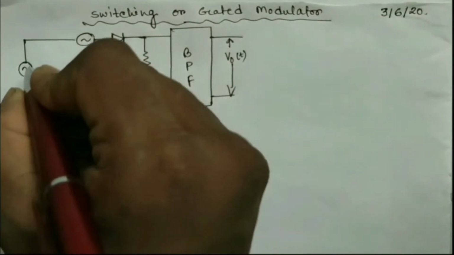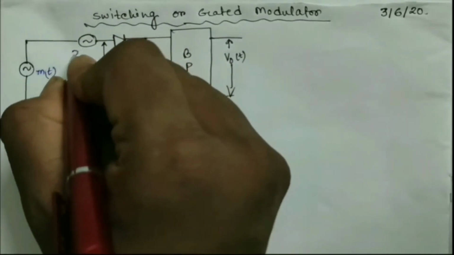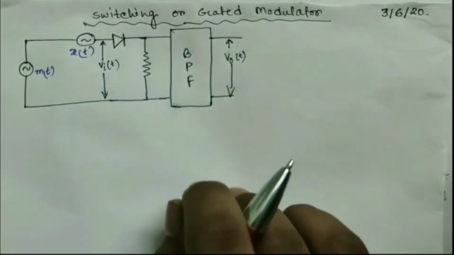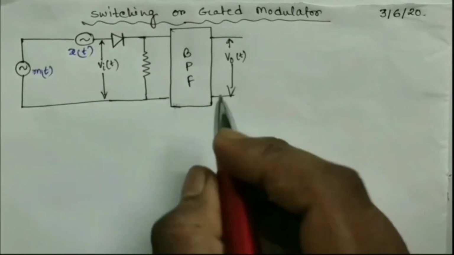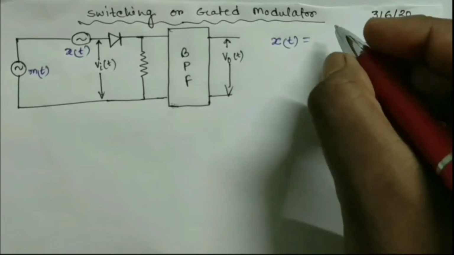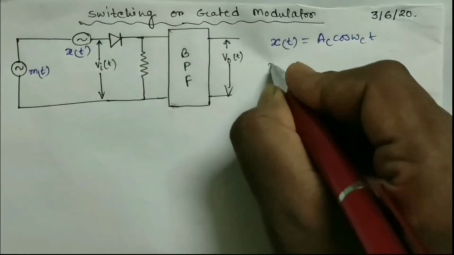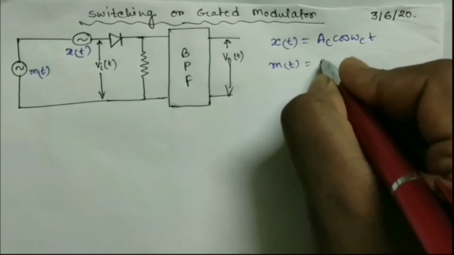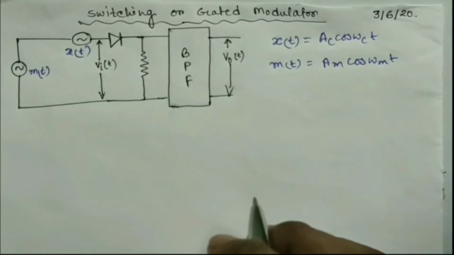Here, suppose this one is the message signal m(t) and this is the carrier signal x(t). Here a diode is present and here is the bandpass filter. Suppose carrier signal x(t) is Ac cos omega c t and the message signal m(t) is Am cos omega m t.